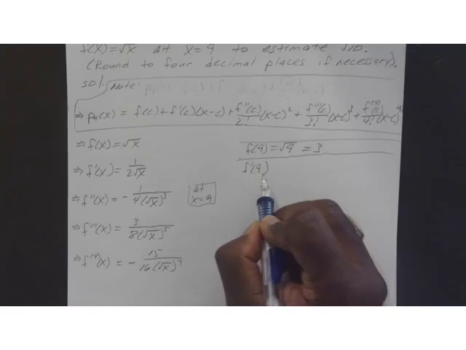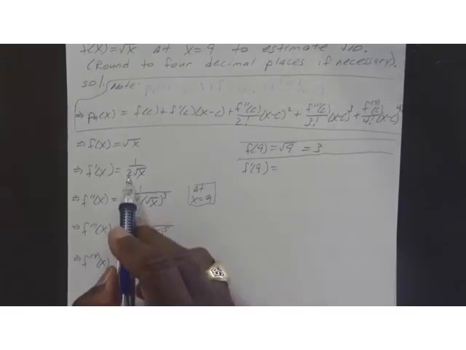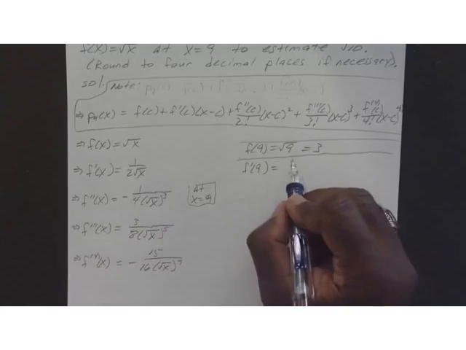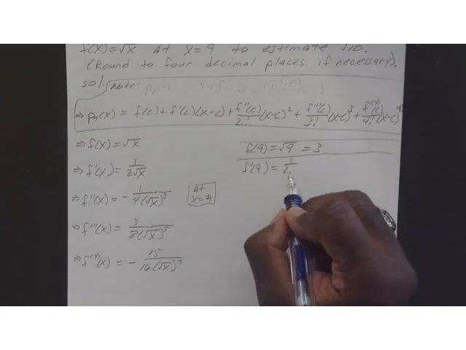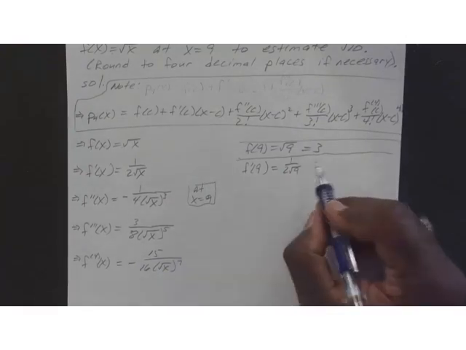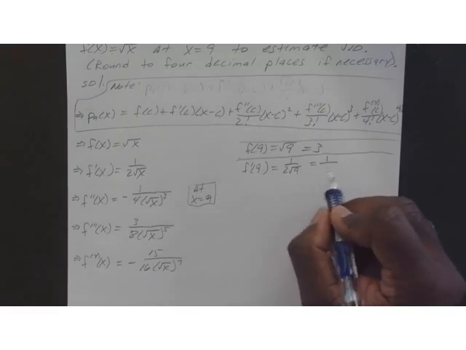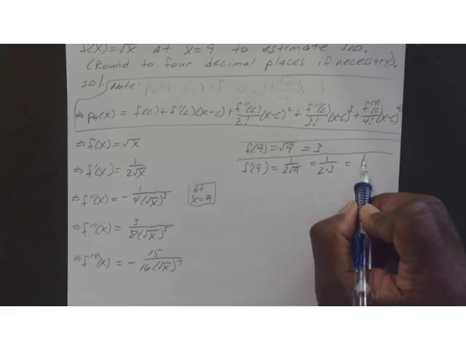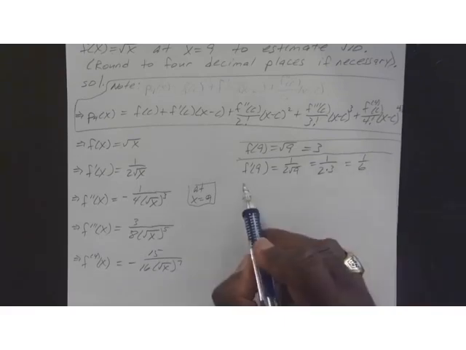And f prime of 9 is just 1 over 2 times the square root of 9, which is just 1 over 2 times 3. That's just 1 over 6.